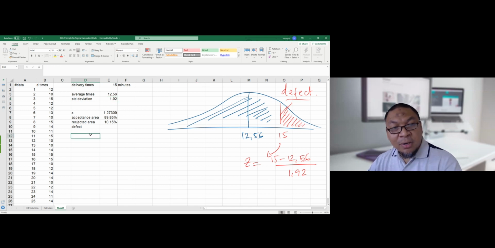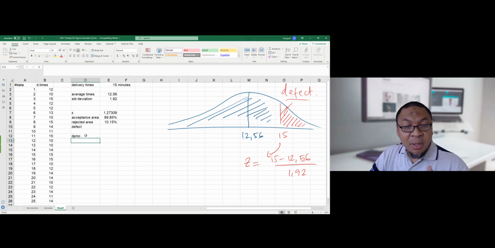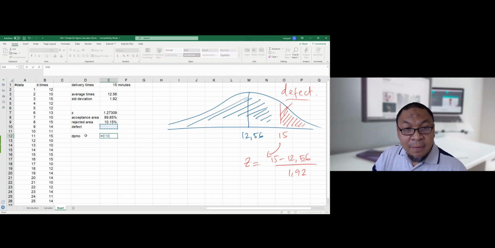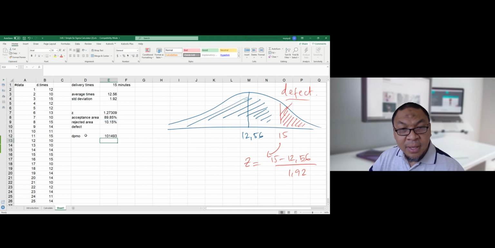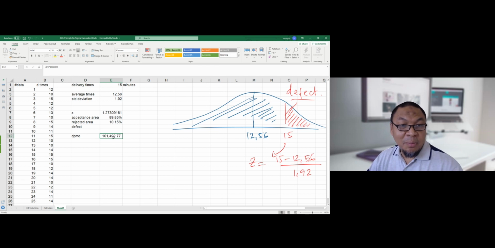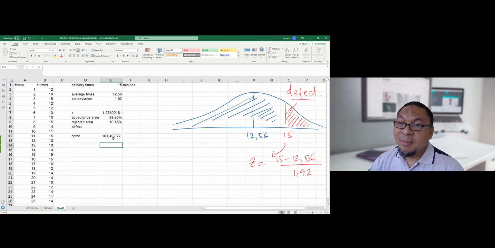Then, back to our goal, to calculate the sigma level, you need to calculate DPMO. What is DPMO? Defects per million opportunities. You multiply the defect, or rejected area, by 1 million. So in 1 million, the possibility of defect is about 101,000 defects per million.